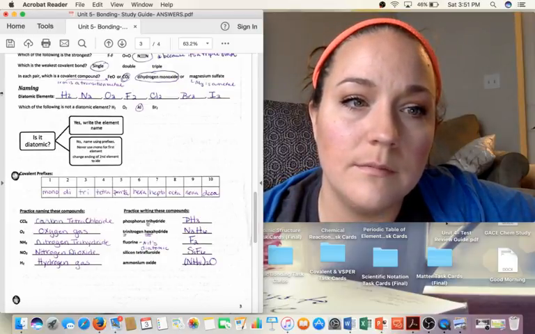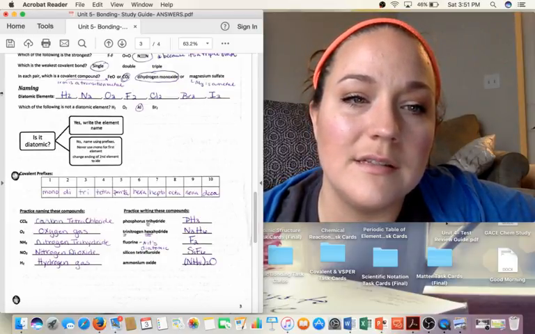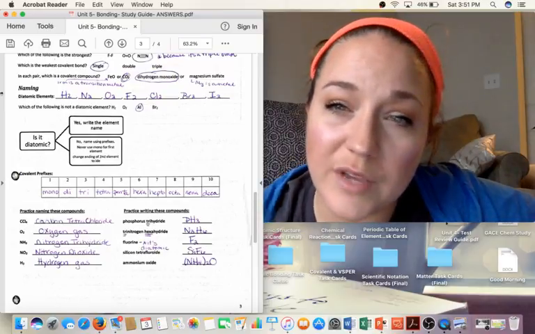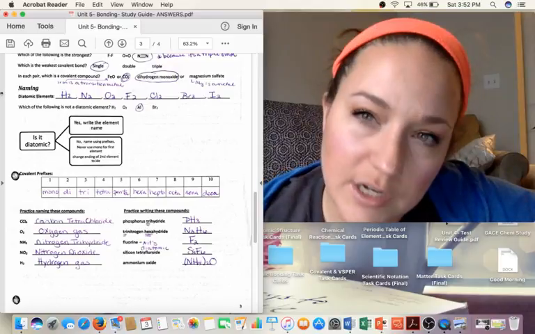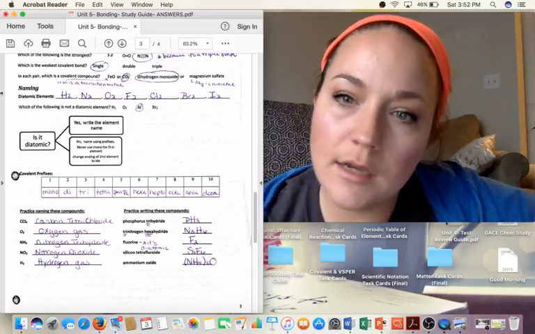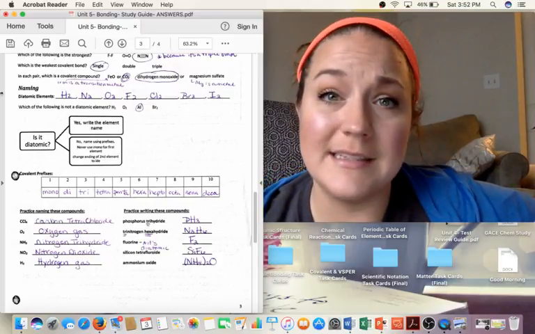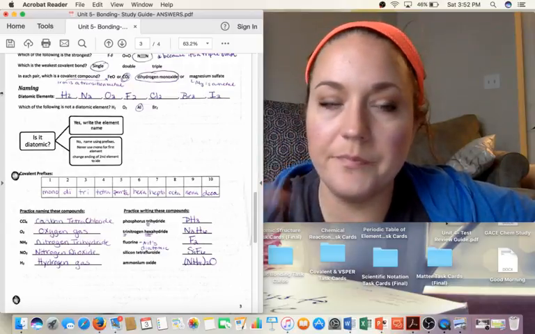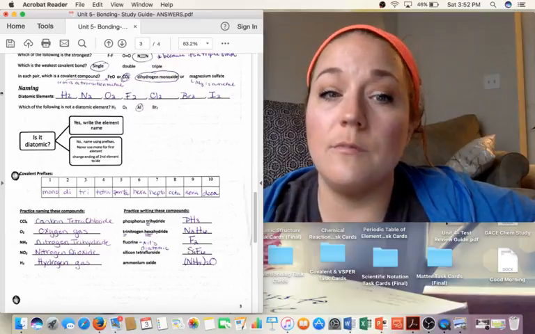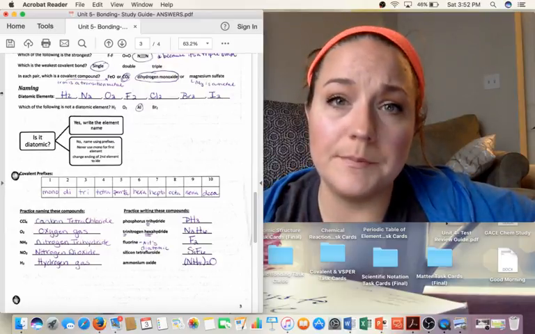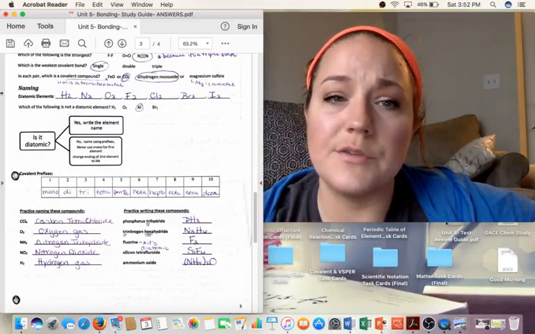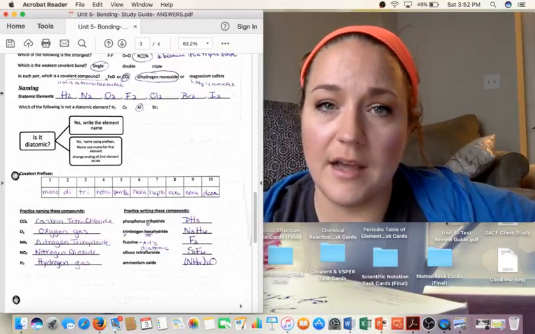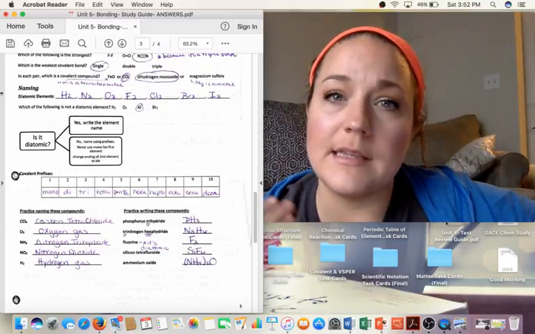Then you have dihydrogen monoxide or magnesium sulfate. Dihydrogen monoxide has di and mono, so automatically you should think covalent bond. Magnesium is a metal, so it is going to form a bond with sulfate, which is a polyatomic ion. Thus, it is ionic.